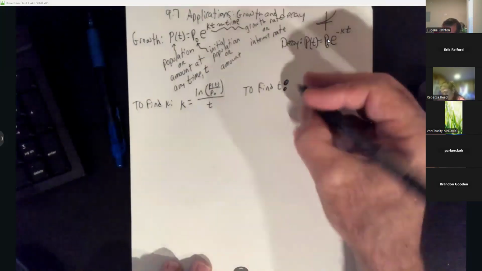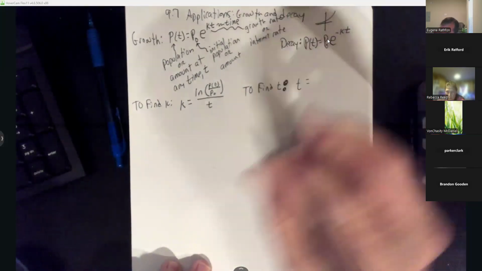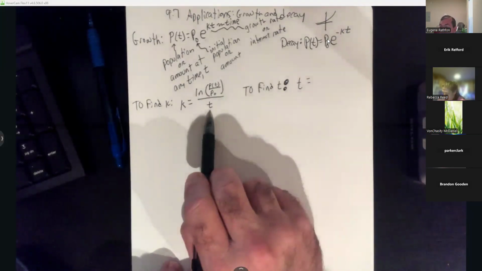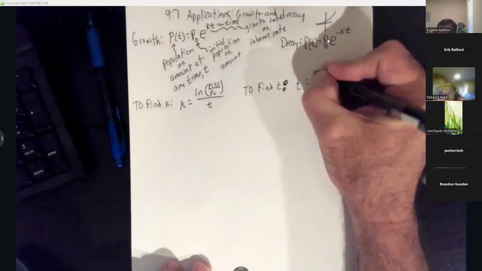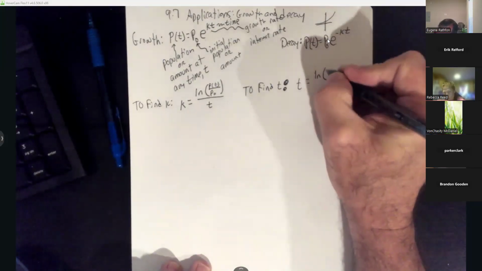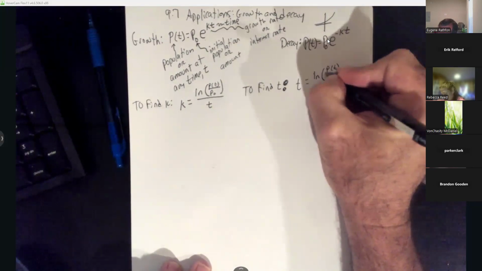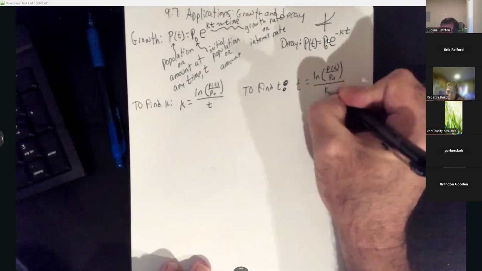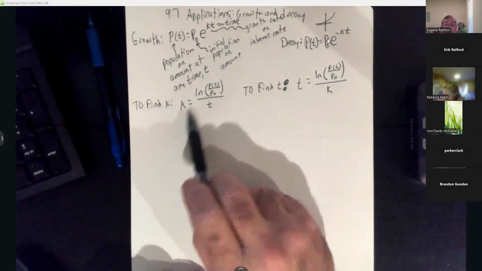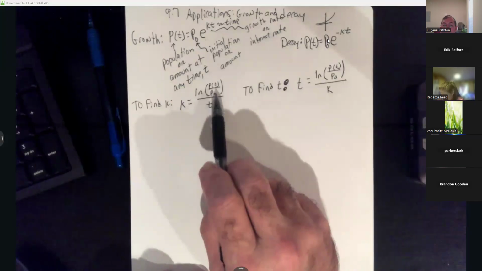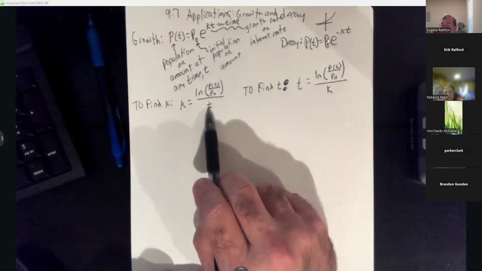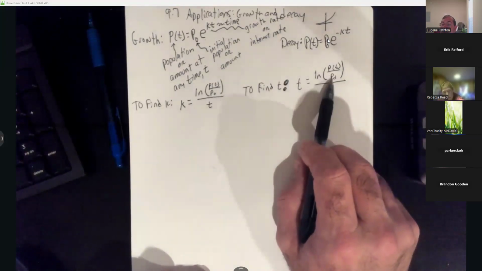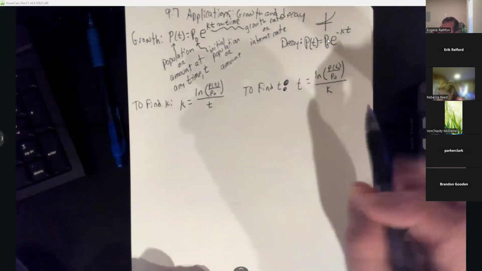So to find time, our formula is T equals, and it's going to be the same formula, except we're dividing by K instead of dividing by the T. So it's going to be ln of P of T divided by our P original, all divided by K. So to find K, it's the ln of P T divided by PO, all divided by T. To find the time, it'll be the ln of the PT divided by PO, all divided by K.